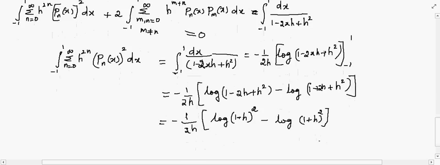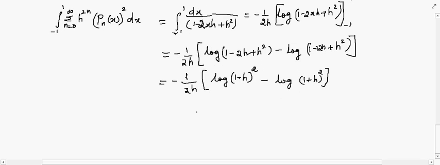Then using the logarithmic properties, we can write the right hand side as minus 1 by 2h into log of 1 minus h whole square divided by 1 plus h whole square.